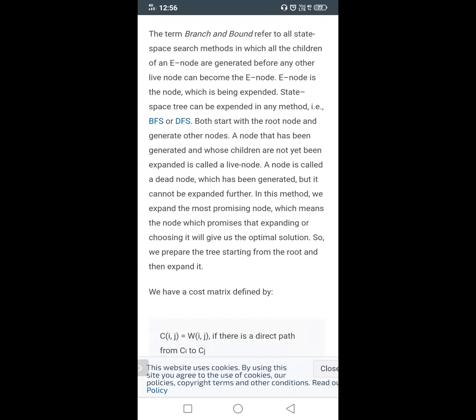And what is a dead node? A dead node is a node which has been generated but cannot be expanded further. It may be because a bounding function applies or some condition failed. That node we call a dead node.